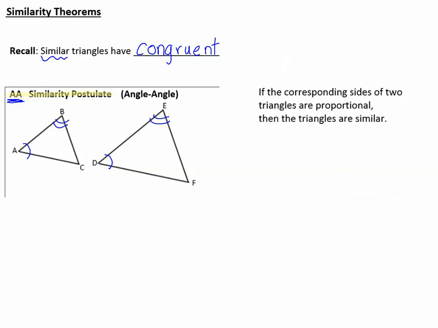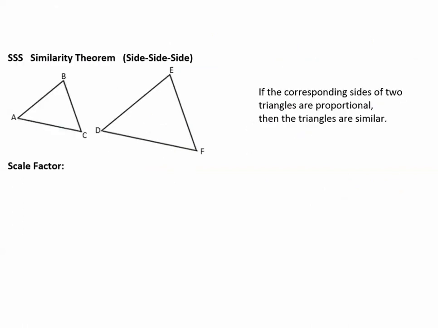Let's look at another one. The SSS similarity theorem, or side, side, side. This theorem tells us that if the corresponding sides of 2 triangles are proportional, then the triangles are similar.